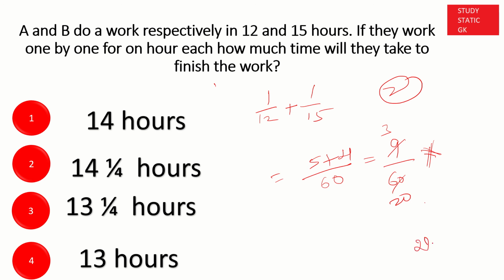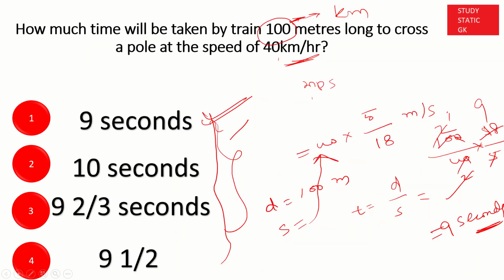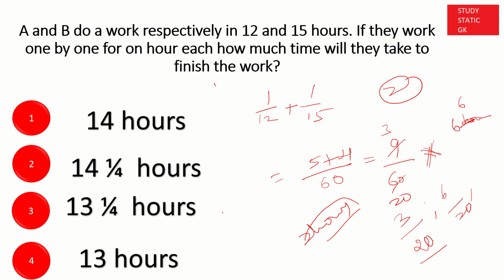So out of 20 parts, 3 parts work will be completed in 2 hours, and even in the next 2 hours, this will become 6 by 20 part work completed. In the same way, in 6 sessions of 2 hours, 18 by 20 work will be completed in 12 hours.